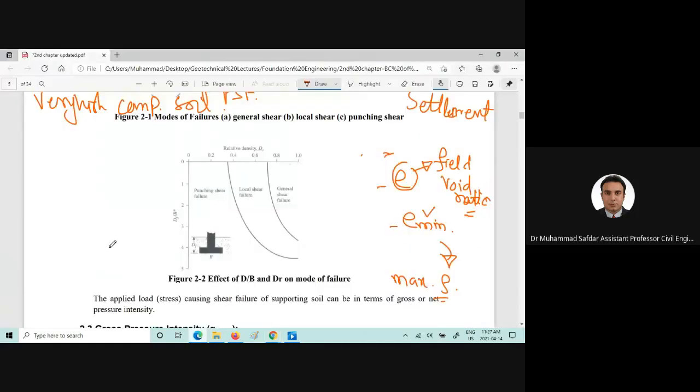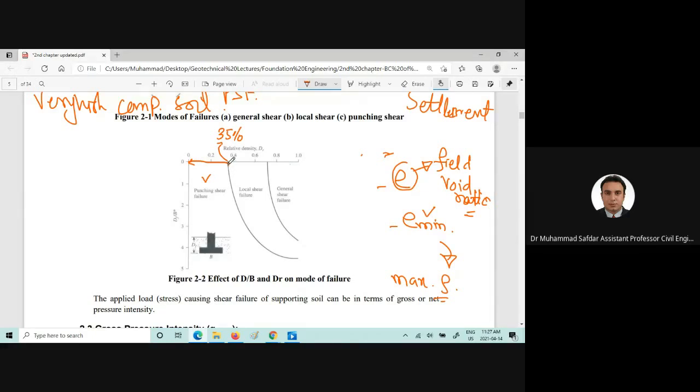If the relative density is greater than, for example, 35%, or less than 35%, let's start with the punching first. So we will experience the punching shear failure.